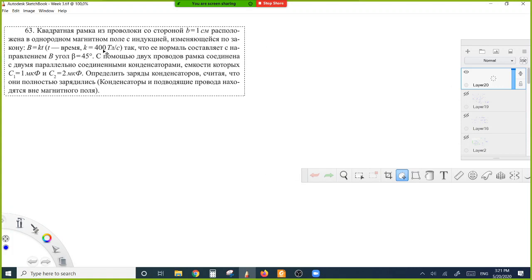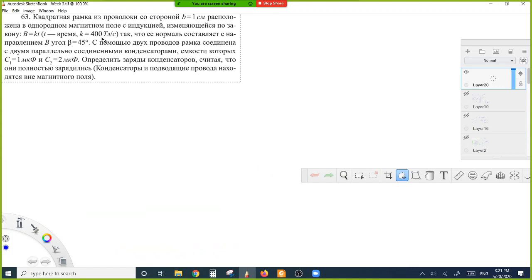Next example is more or less the same. However, capacitors are connected in parallel. What we have?